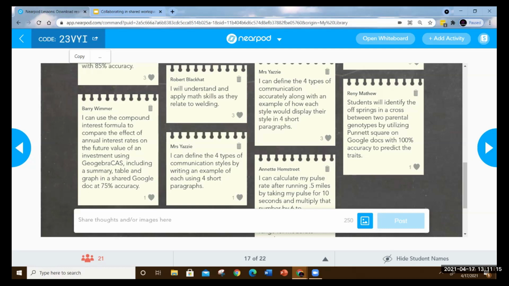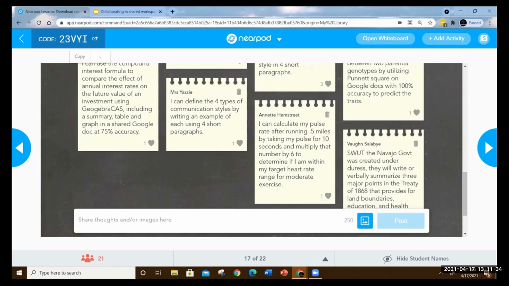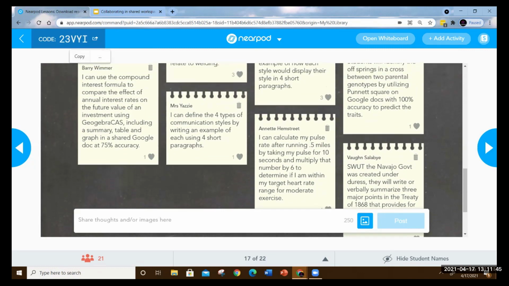I can define the 4 communication styles of this and this by writing an example of each using 4 short paragraphs, or creating. You're not using, you're actually creating 4 short paragraphs. And creation, there's your transfer, right? There's your meaning making, using the word create, okay? All right. But yeah, add in your communication styles.